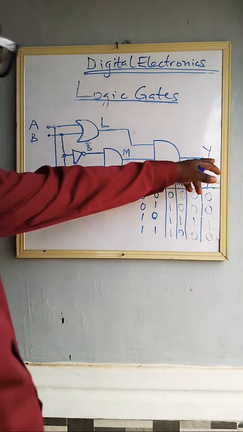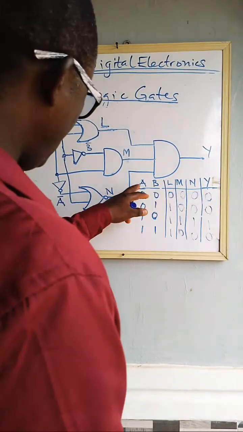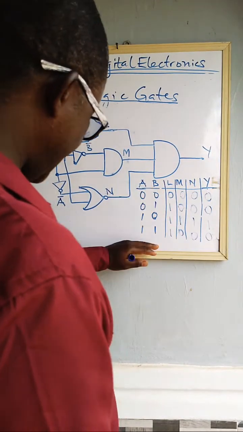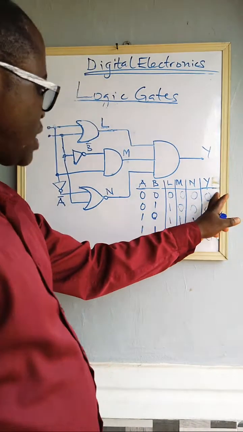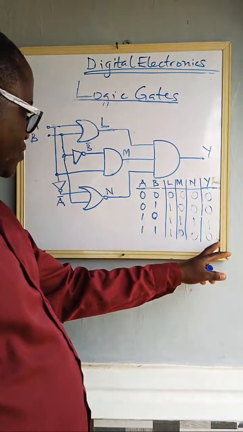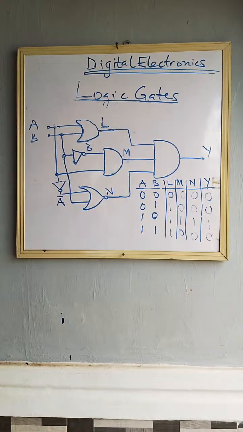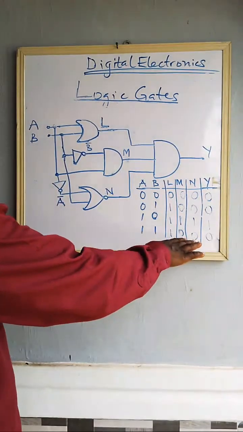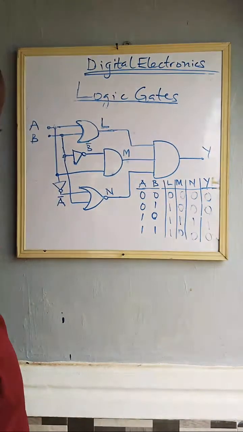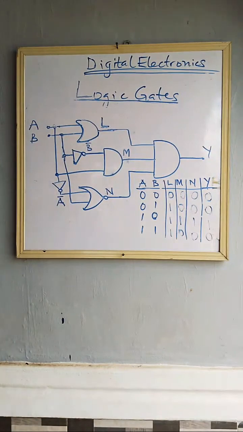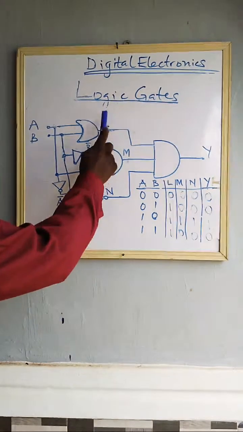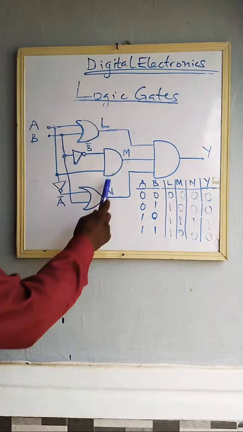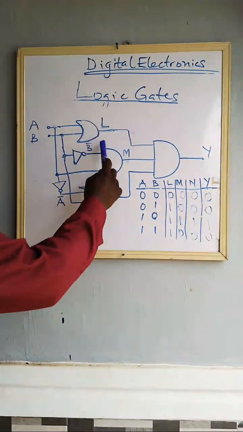So the output Y, when we have the combination of inputs A and B as this, we are going to have an output as 0, 0, 1, 0. And that's a very interesting output that we have there. So we see the combination circuit is simplified by this truth table by having intermediate outputs L, M, and N from the gates here.